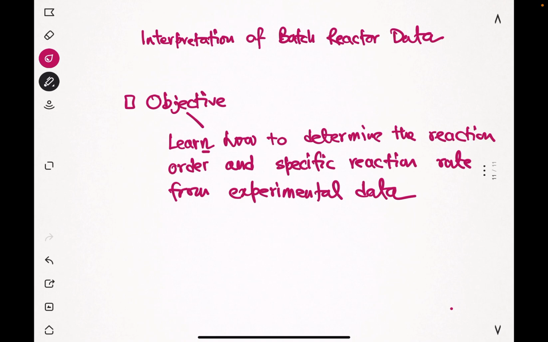So how do we do that? What are the steps involved? Before going into the steps, let's also talk about the process. The determination of rate equation usually involves two steps.